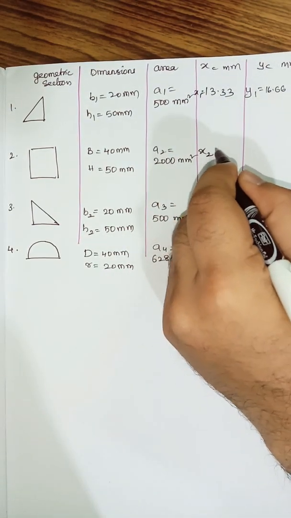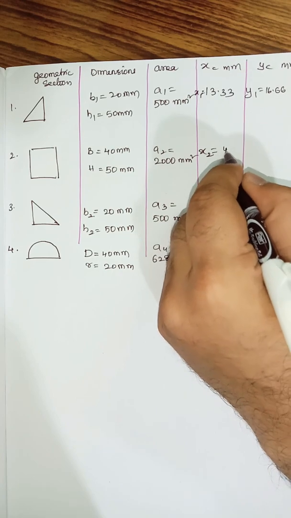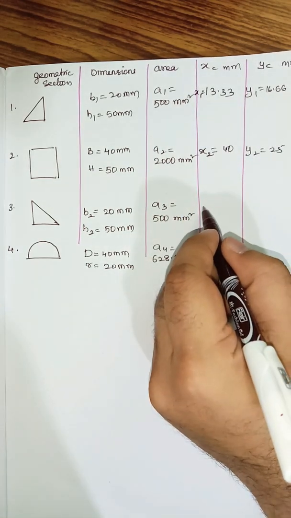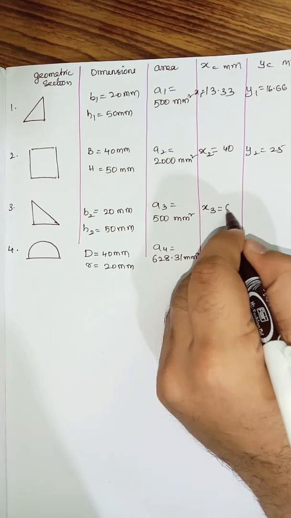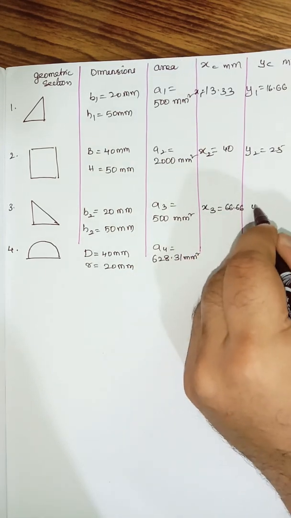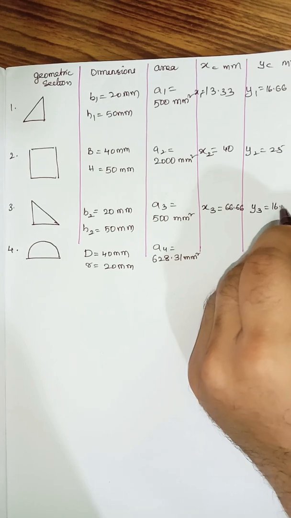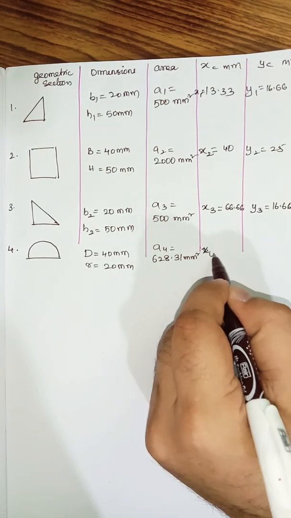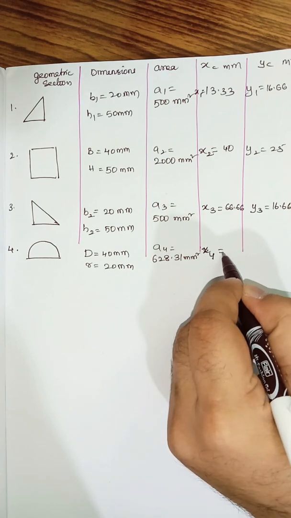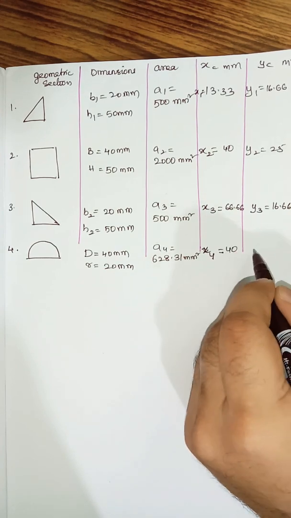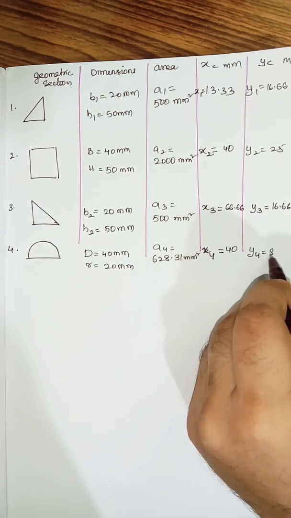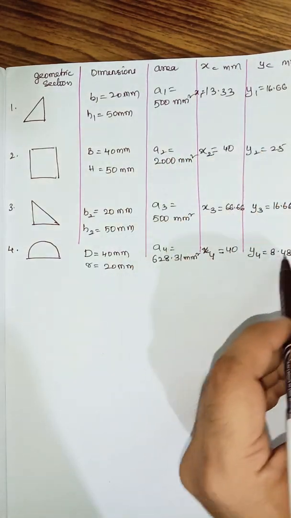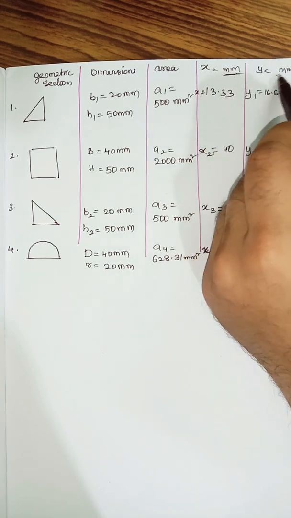Next, same thing again, x2 is equal to 40 millimeter, and y2 will be equal to 25 millimeter, x3 is equal to 66.66 millimeter, y3 is equal to 16.66 millimeter, and x4 is equal to 40 millimeter, and y4 will be equal to 8.48 millimeter. I'm not writing the units over here because I have already indicated the units at the top.